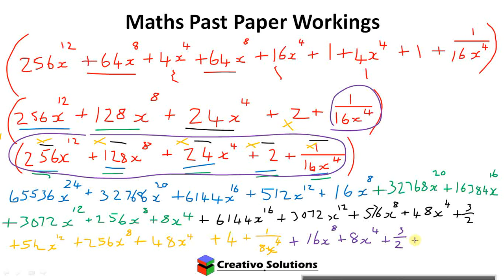Then plus 1 over 8, x to the 4. The last term would be plus 1 over 16 times 16 is 256, x to the 4.